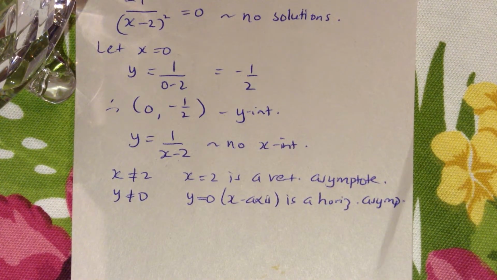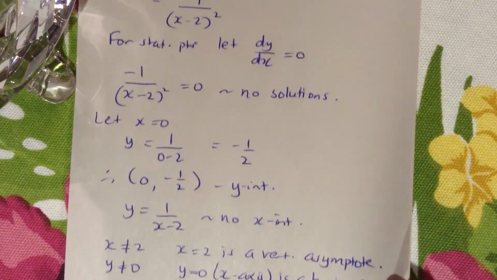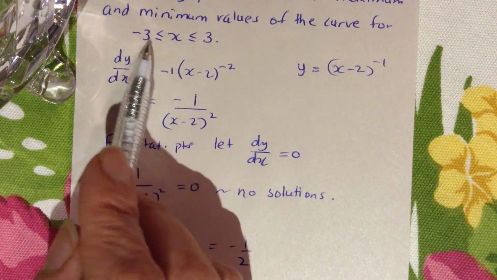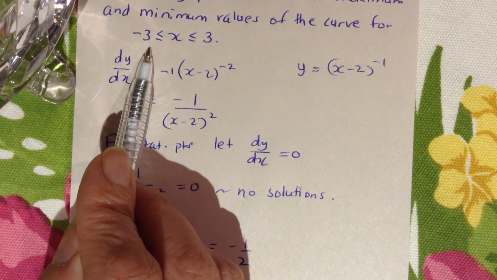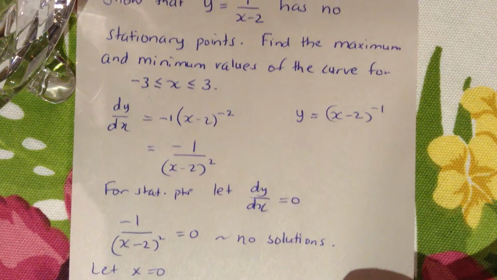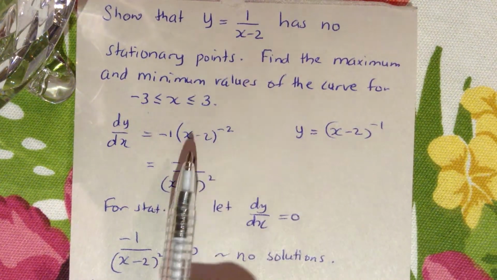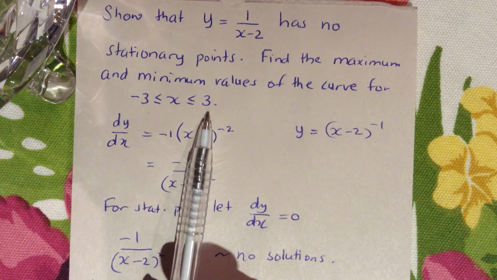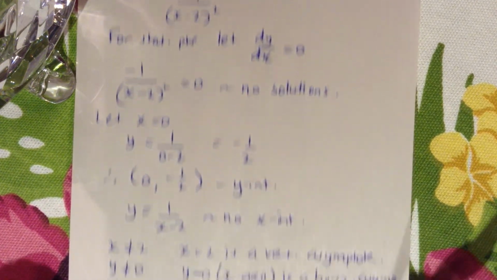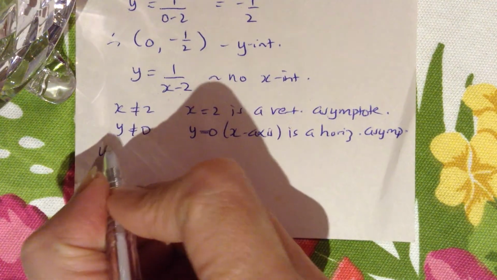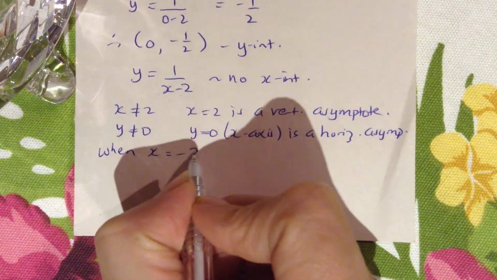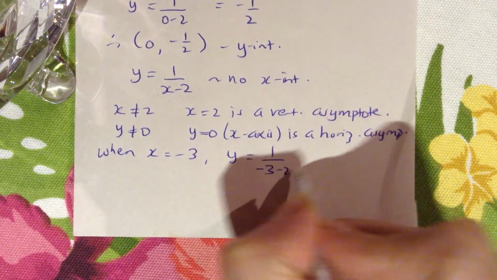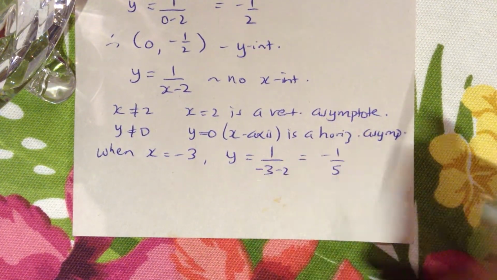Alright. Now, because we were given a restricted domain of minus 3 to 3, we're going to substitute minus 3 into our equation, and we're also going to substitute x equals 3. Okay? So, let's do that. When x is equal to minus 3, y is equal to 1 over minus 3 minus 2, which is minus a fifth.